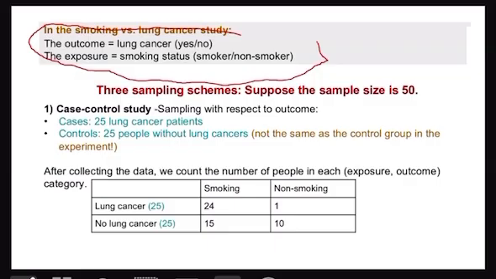Now, if I want to conduct a case control study, don't forget, I'm going to be sampling with regard to outcome. It has already happened. That's why I call it case control. So right now, I'm going to choose 50. Of these 50, some have the disease, some do not.